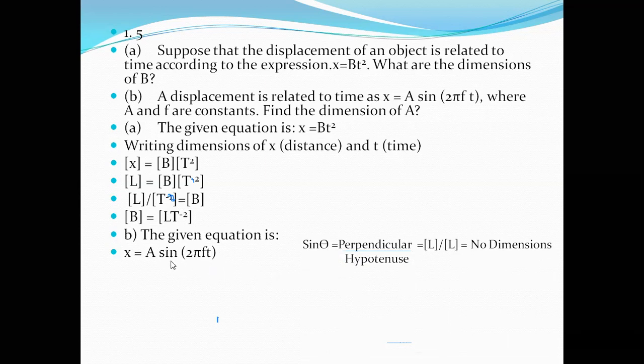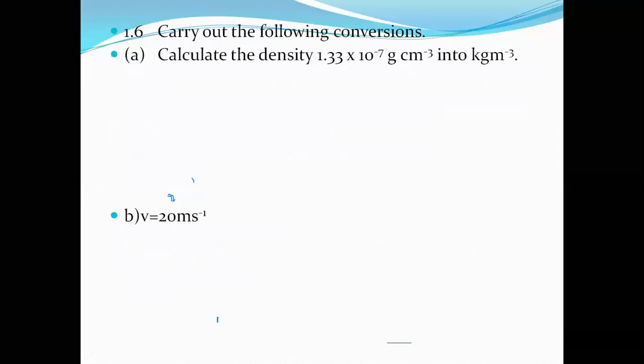So sine has no dimension. Now we are writing the rest of the part in dimension. So x is equal to a. As we know, x was represented by the length part, so we write it as L in brackets, and that is why we have the answer.